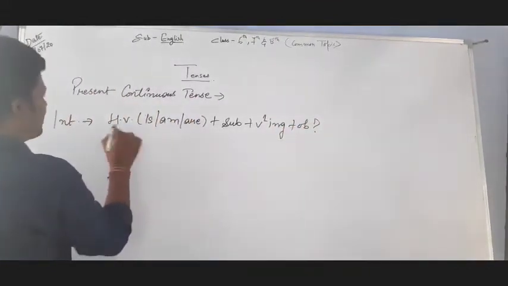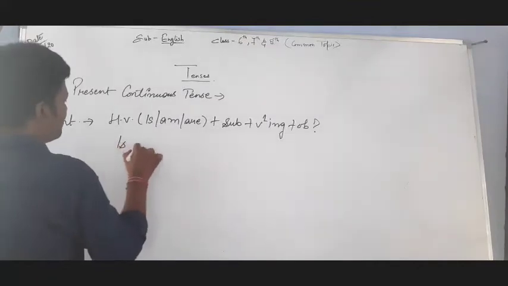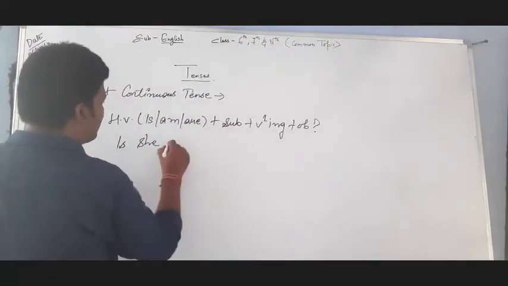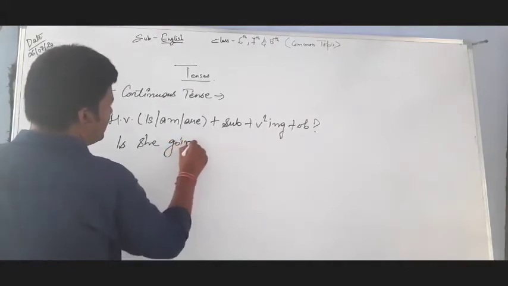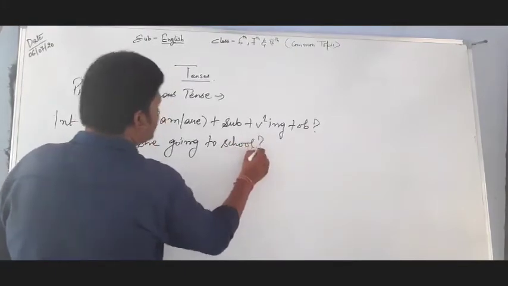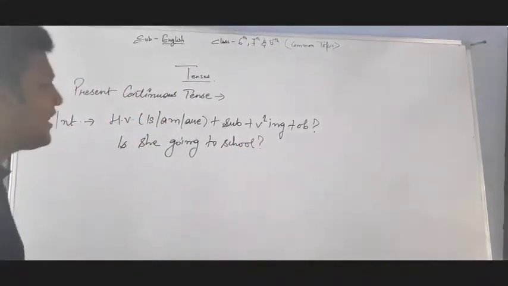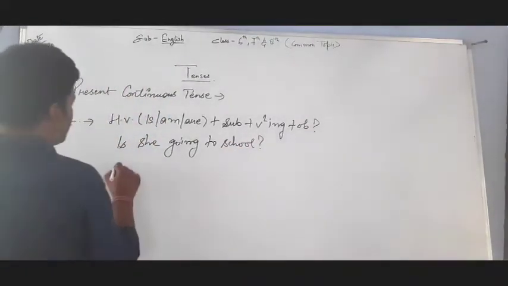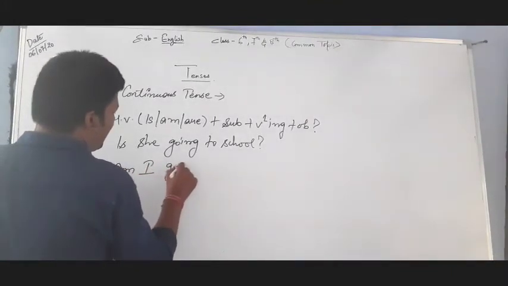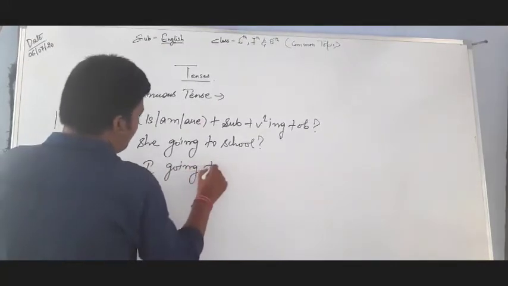Suppose the subject is she, with is. Verb first form go, ing form going to school. So is she going to school is a question. Suppose I use am with I as the subject: am I going to school.